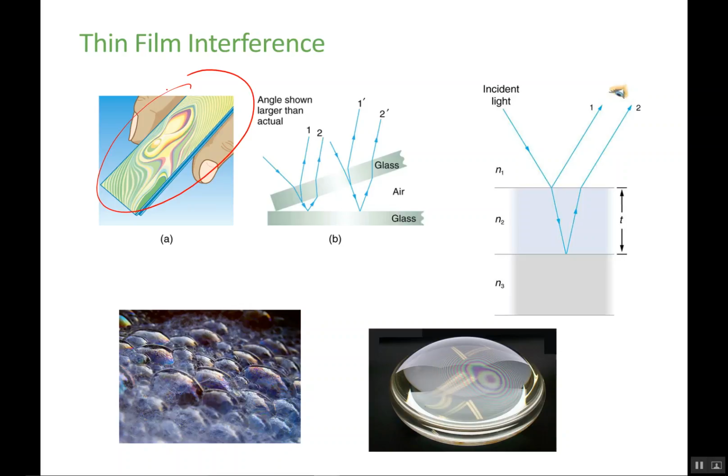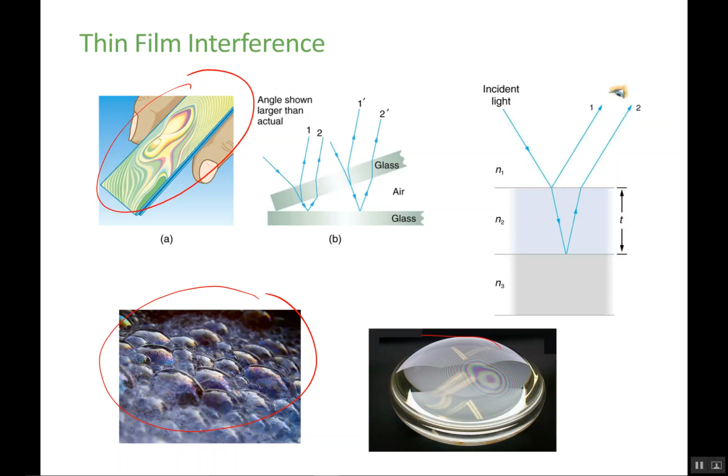Or have you ever noticed that when a thin layer of oil or soap is on the surface of water, you may notice a rainbow of colors on that film? Or did you ever notice this rainbow in the film of a soap bubble or a bubble floating through the air? All of these phenomena are a result of interference. This type of interference is referred to as thin film interference.